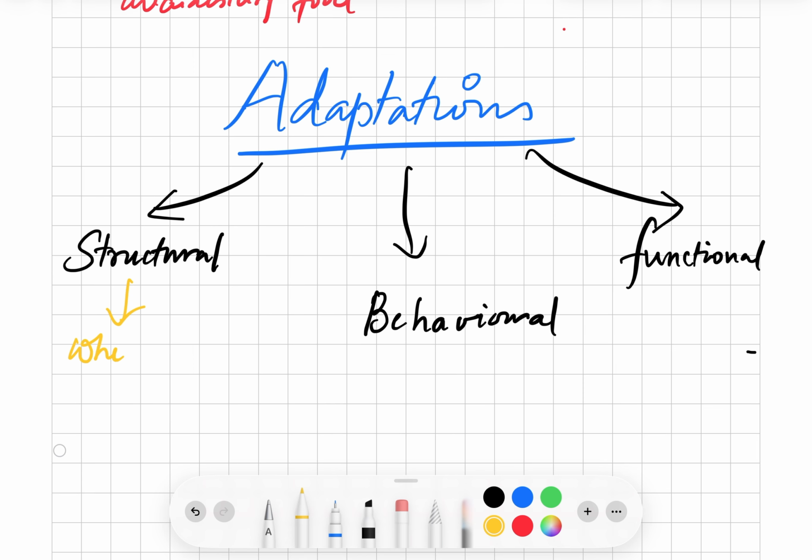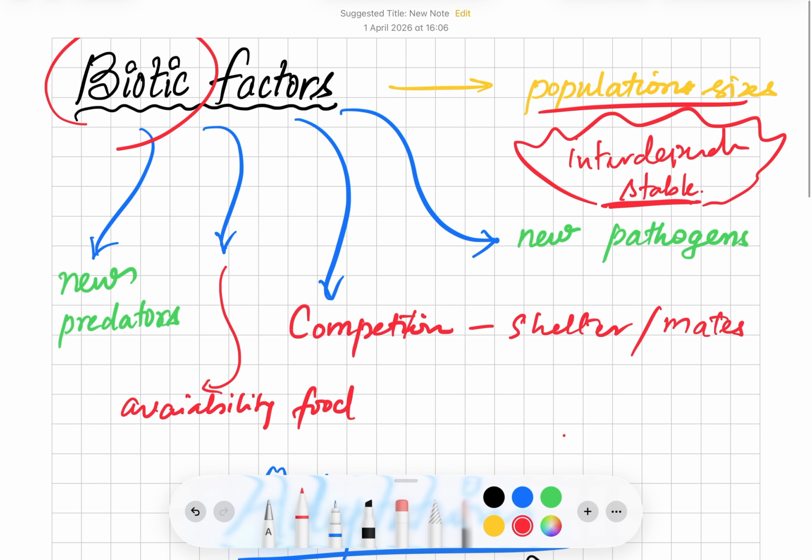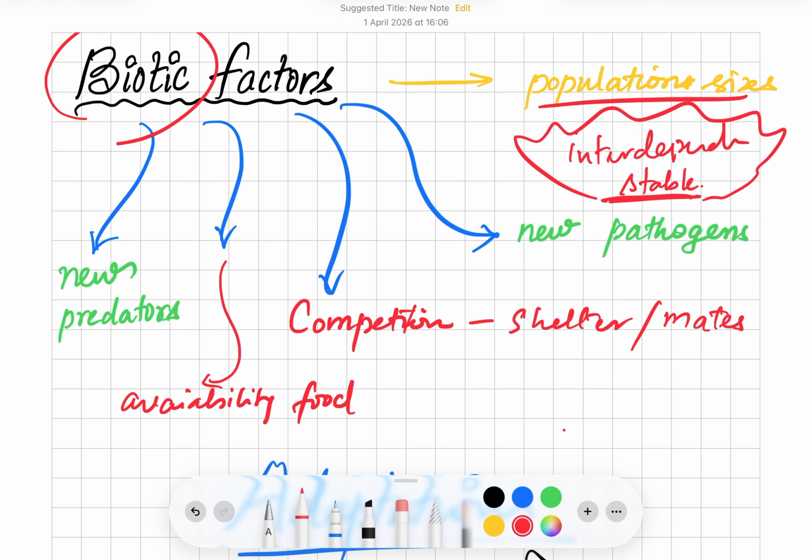For example, white fur is also a structural adaptation, so it can camouflage in snow so that it cannot be caught by the predators, isn't it? So it's basically an adaptation from biotic factors.